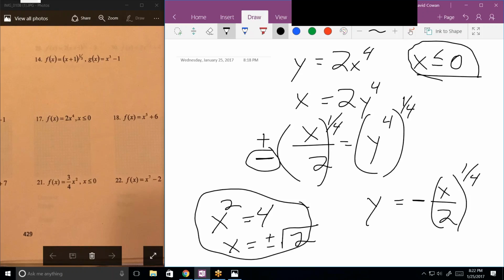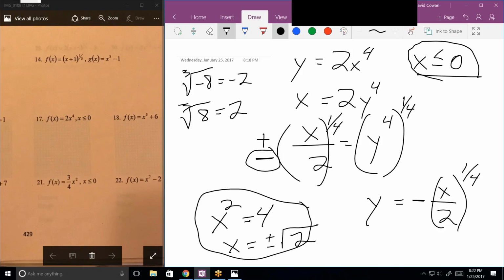As to when you take the even root of a number, your answer always begins with plus or minus. If you take the odd root of a number, it does not. In other words, if I take the cube root of -8, I get just -2. If I take the cube root of +8, I get just +2.